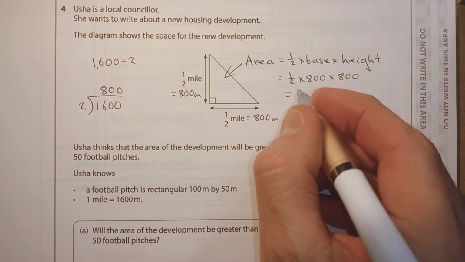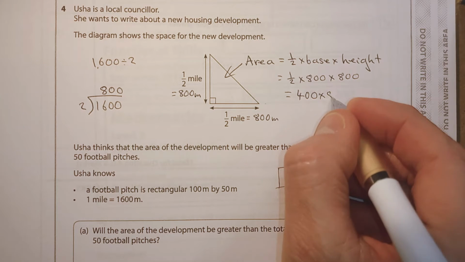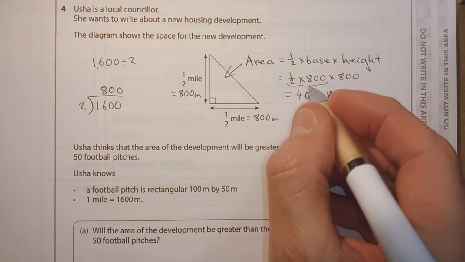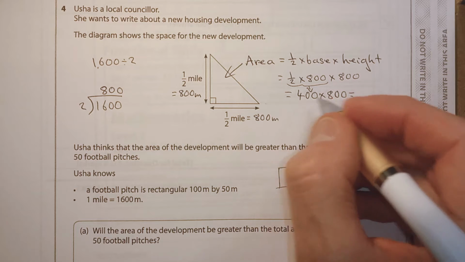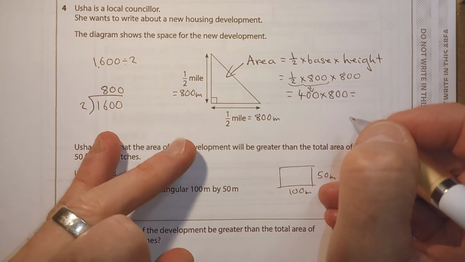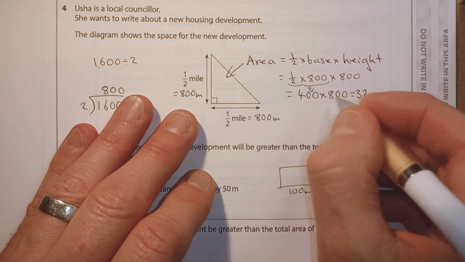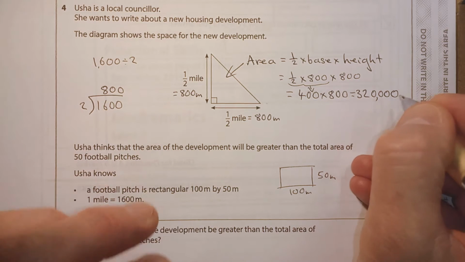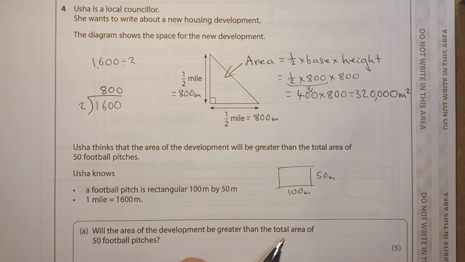Well, half of 8 is 4. So half of 800 is going to be 400. And then we've still got to multiply it by the 800. So we've just done this bit first. Now to multiply these together, 4 times 8, 8, 16, 24, 32. And then put 1, 2, 3, 4 zeros at the end. So we've got 320,000 metres squared.